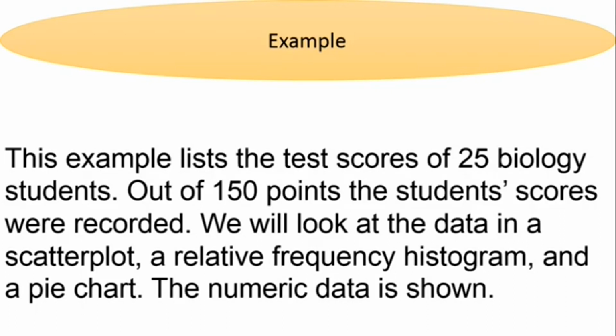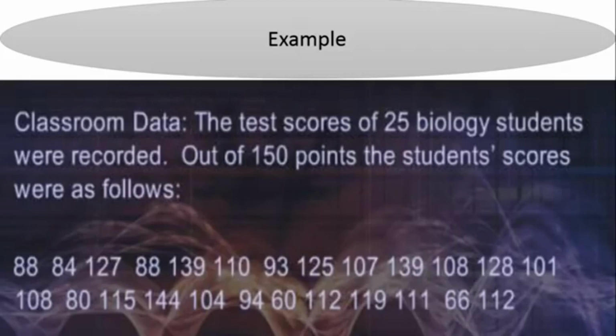So in this example, we'll present these 25 students. So, classroom data: we have test scores of 25 biology students that were recorded, and out of 150 points, the student scores were the following. We have 88, 84, 125, 88, 139, 110, 90, 93, and so on.